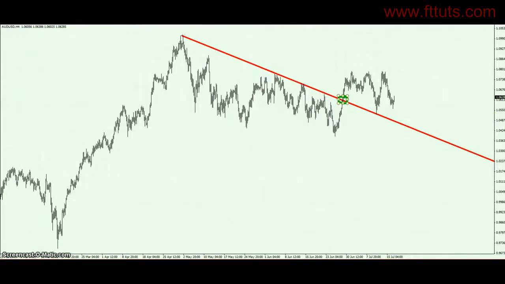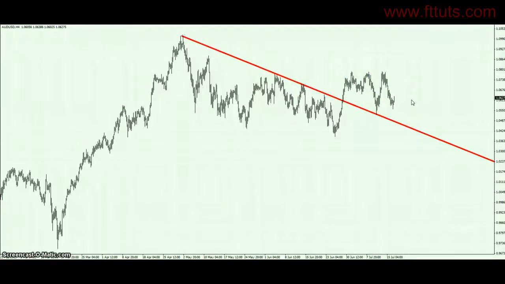There we go. So we see a very clear breakout, and we see the price accelerate away from the trend line. It pulls back to retest that same trend line, and we have a positive outcome if we were lying in wait for that particular trade.